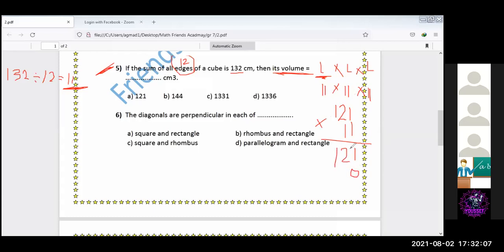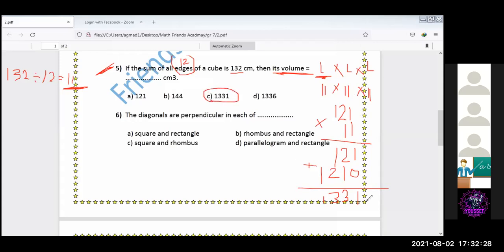Then 1, 2, 1 again. Then add. It will be 1,331. 1,331 with the letter C.